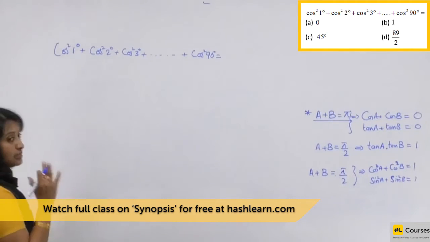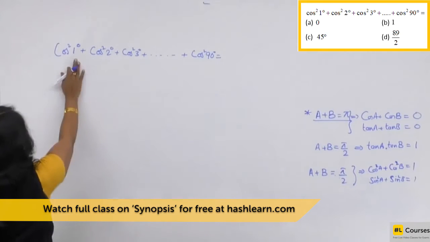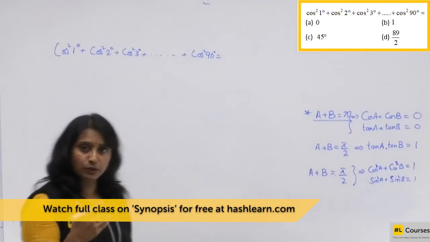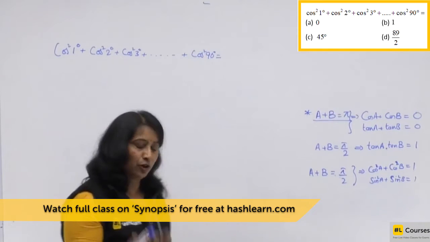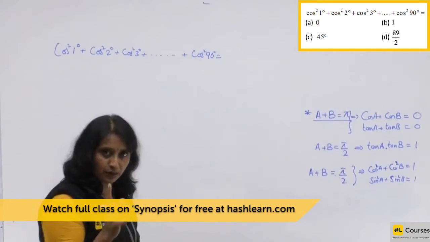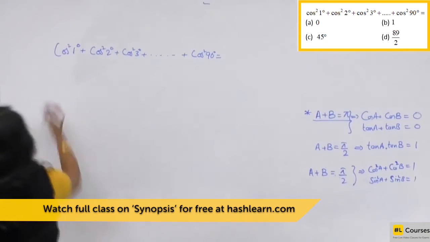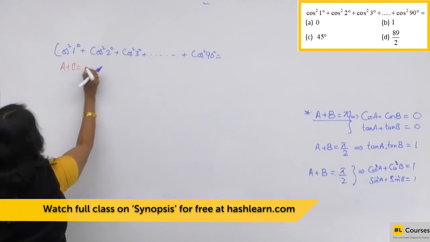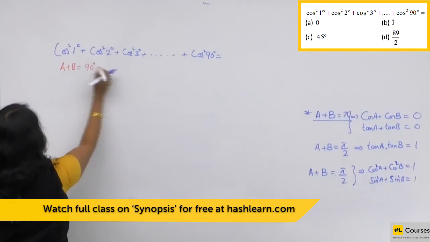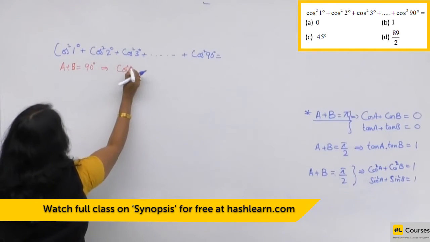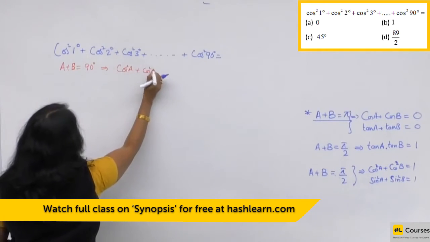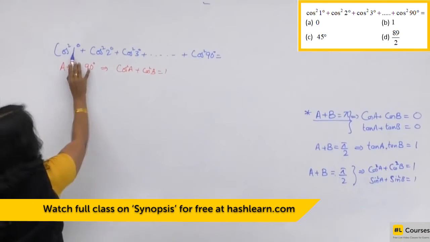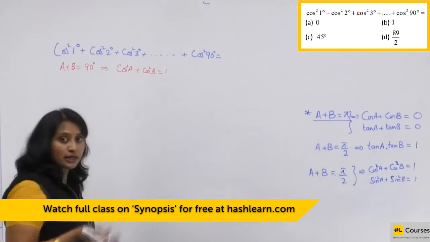Whenever you see cos square and sin square, you can group cos square 1 and cos square 89. You can write that cos square as sin square of 90 minus something, and obviously it will become sin square plus cos square is equal to 1. But if you know directly, if A plus B is equal to 90 degrees, then cos square A plus cos square B is equal to 1.